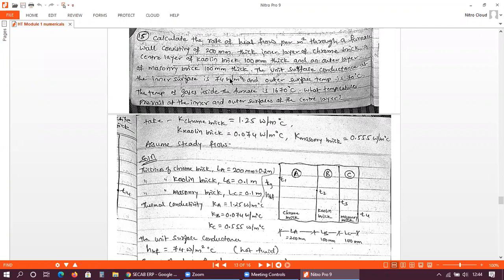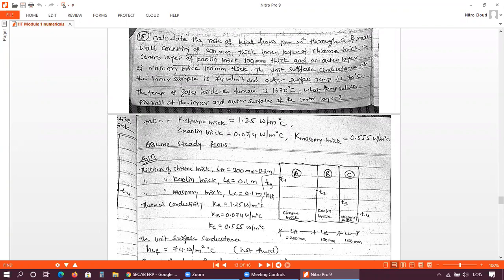Here the value of H is given. The unit surface conductance is nothing but the convective heat transfer coefficient, at the inner surface, and its value is 74 watt per meter square degree Celsius.